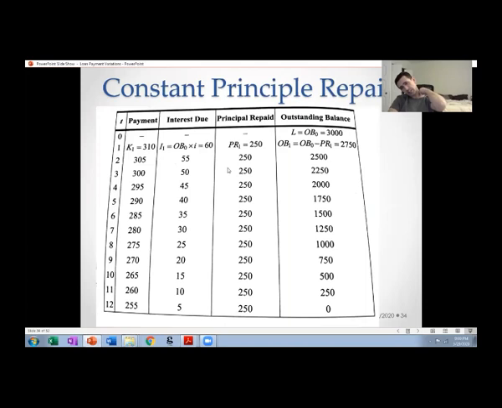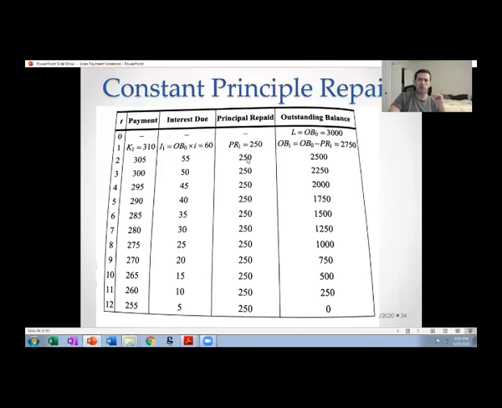So you can see, interestingly, that under constant principal being repaid, of 250, and I should mention, where does 250 come from? Well, you have 12 payments in order to pay off your $3,000 loan, and if you want to divide the principal repaid into 12 equal payments, well, 3,000 over 12 is 250.